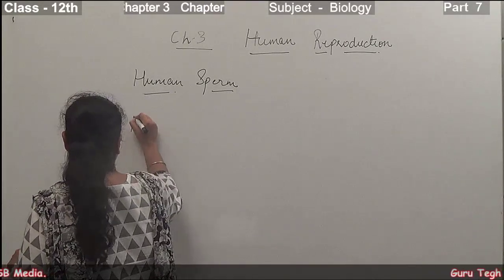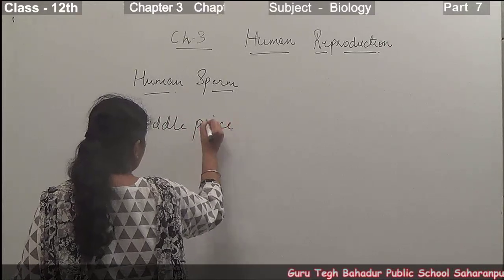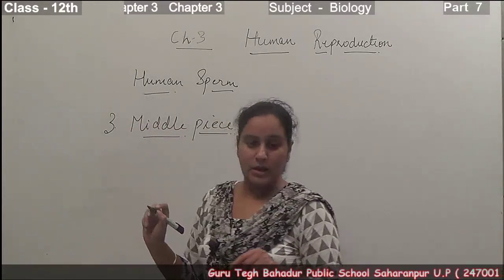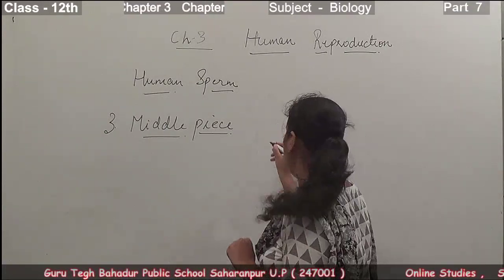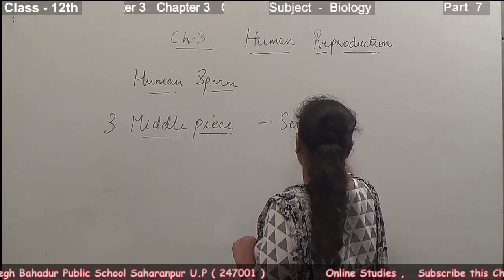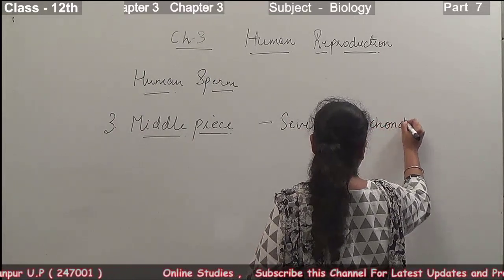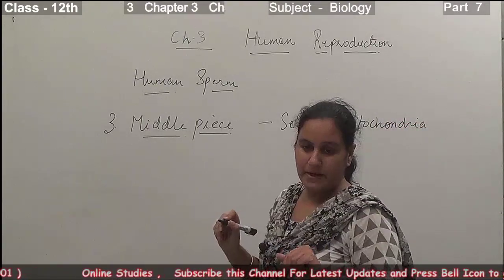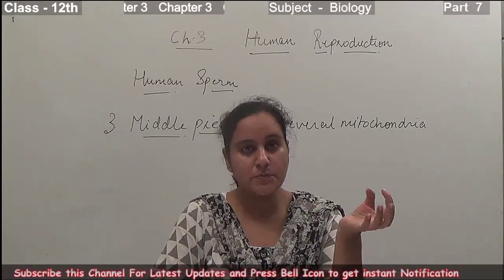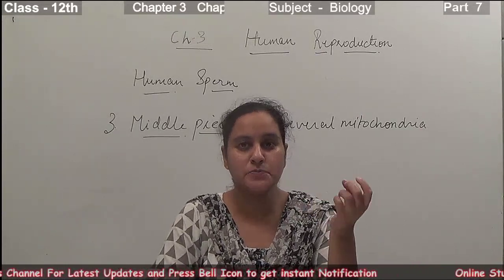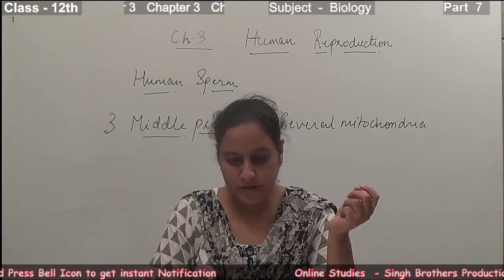The middle piece contains several mitochondria that produce energy, which gives the sperm the energy for motility.